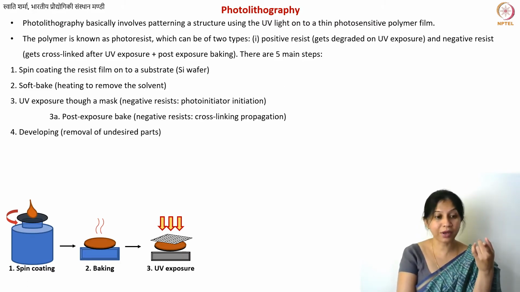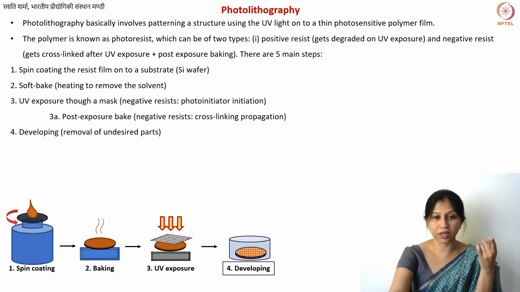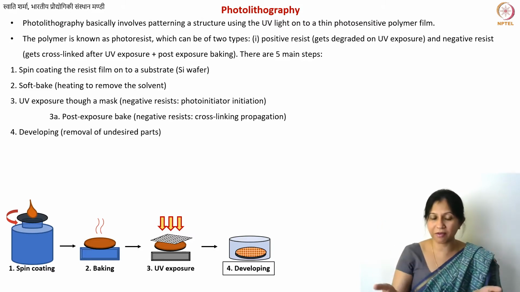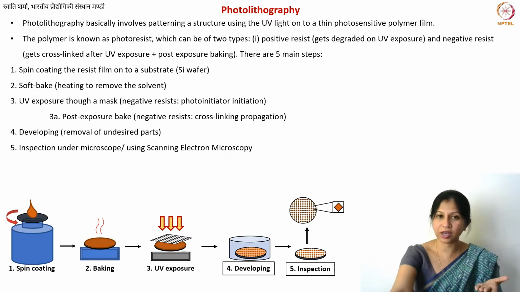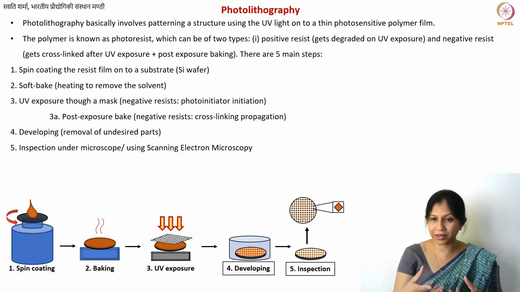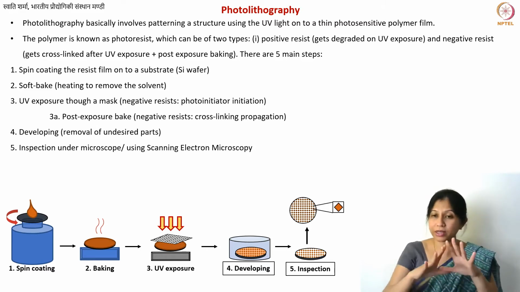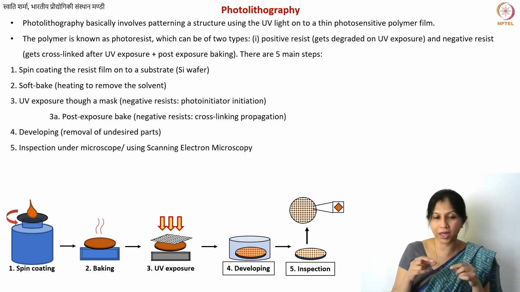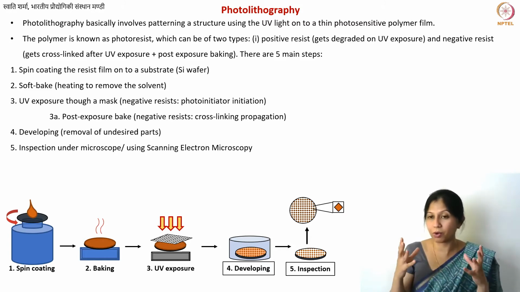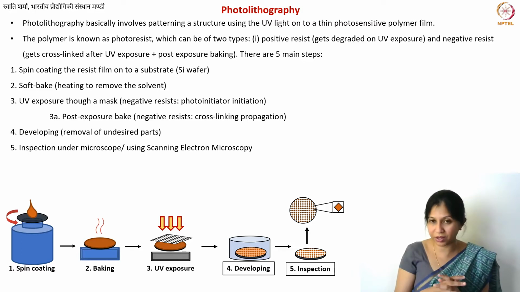Okay, so what will happen now? Here is the picture. So you basically put your entire wafer inside this chemical, and then some parts selectively will get removed, and the other parts will remain, and that is how you have your structure. You will typically have a lot of structures on one wafer, and then you will do the inspection. Okay, you are able to get what you made. Then you can do the further processing with these structures.